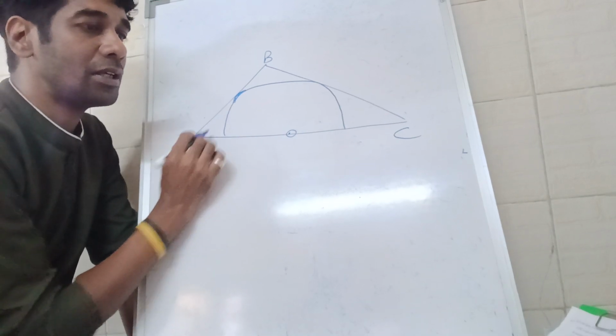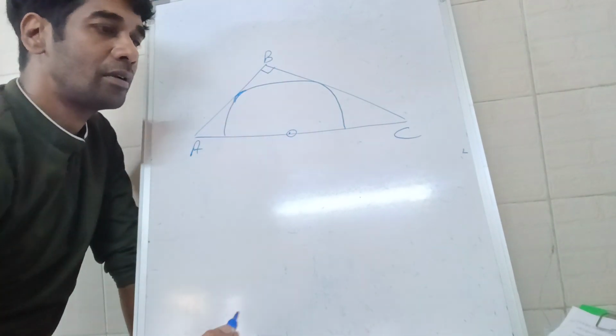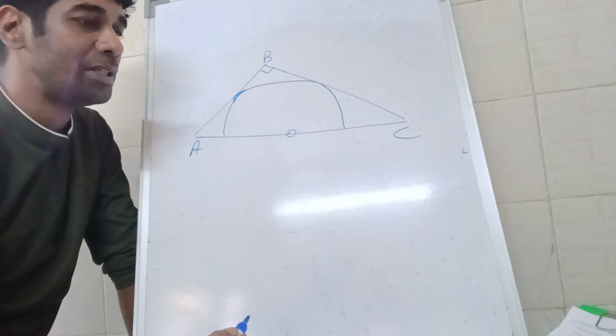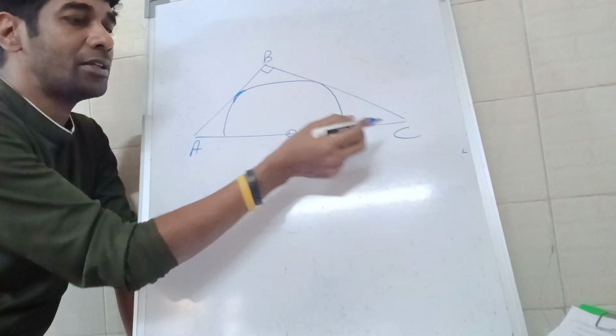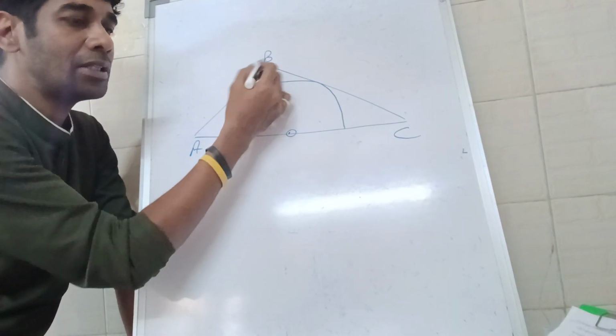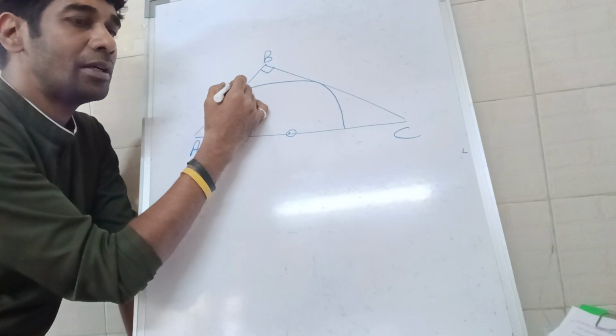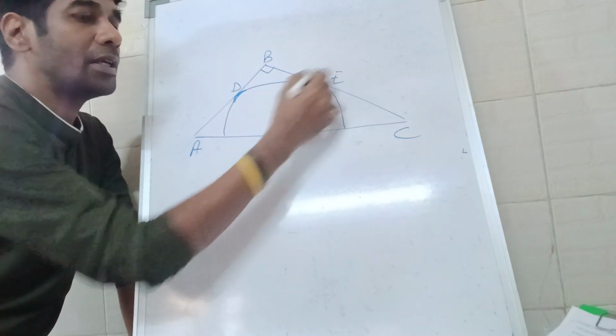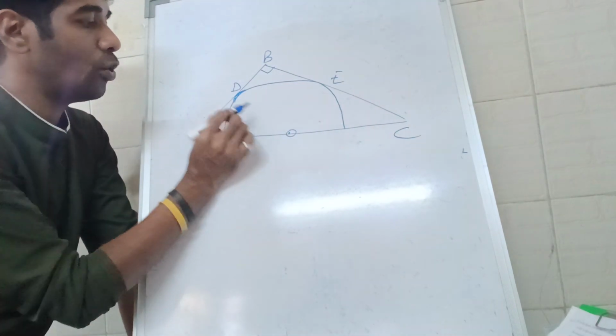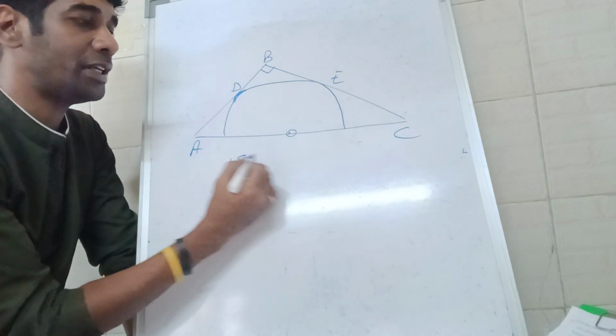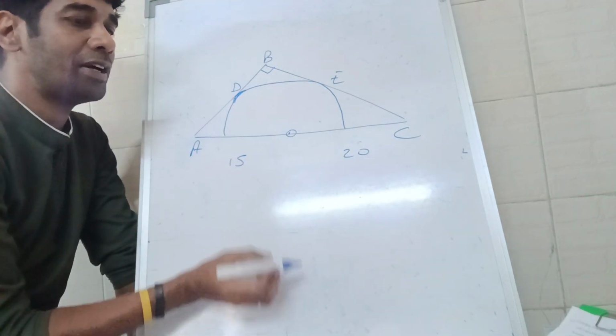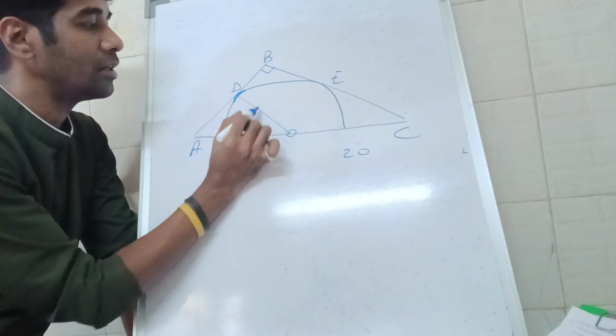Triangle ABC is a right angle triangle. Side AB and side BC touch the semicircle at points D and E. OA is equal to 15 and OC is equal to 20. Find the radius of the semicircle.